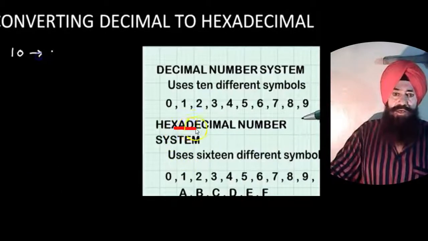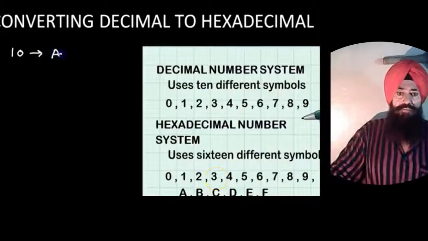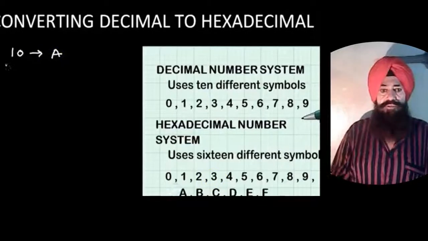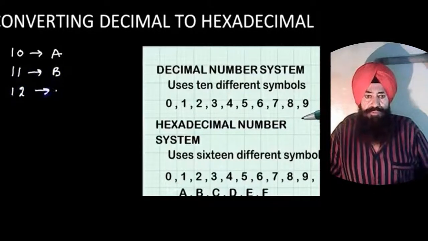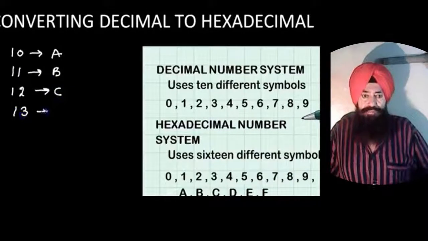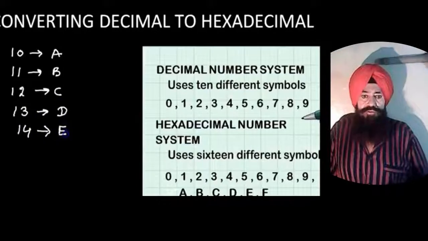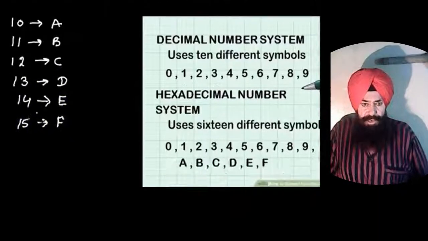This is what the hexadecimal number system is. So again remember, 10 represents A, 11 is B, 12 is C, 13 is D, 14 is E, 15 is F.